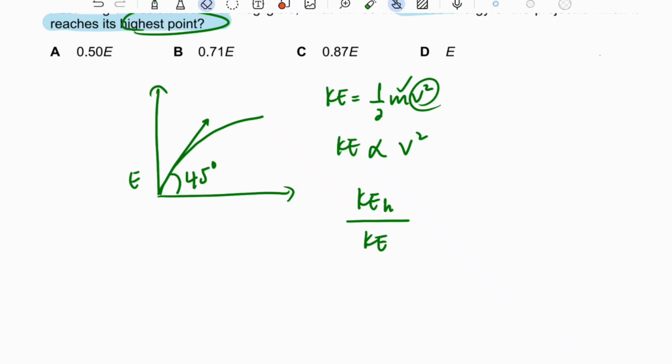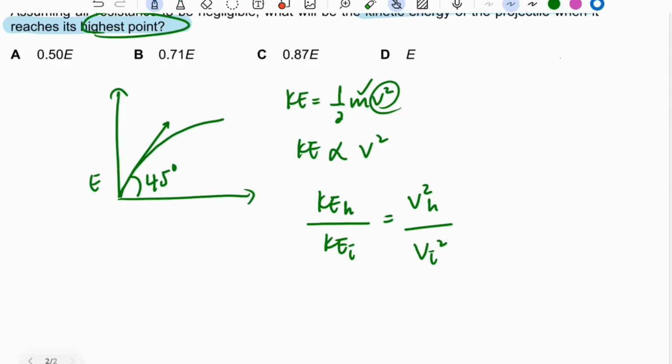I think better I write it as I, because they say it's initial. And since they're directly proportional, that means my highest point velocity should be written on top, and my initial velocity is written at the bottom. Okay. So this is how you write your ratio when it's directly proportional.